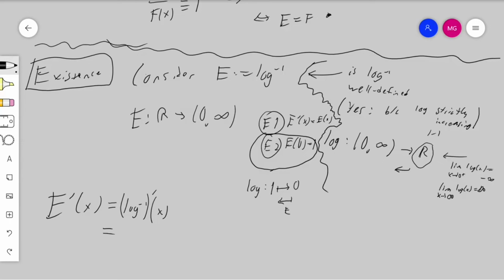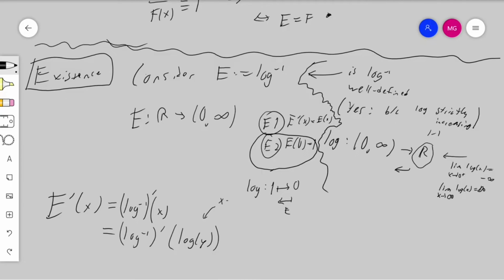And now we can rewrite this one more time. Log inverse prime of, we're going to say, log of y. And why are we doing that? Well, you'll see why in a moment, but we can do this because the inputs for the exponential function, in other words, the inverse log function, are the outputs of the log function.